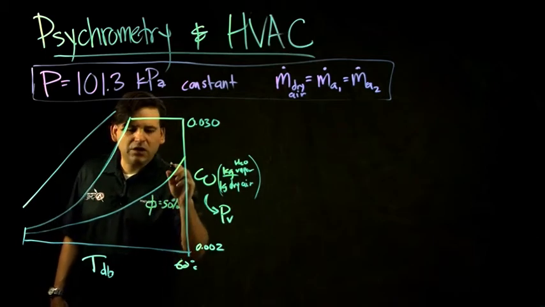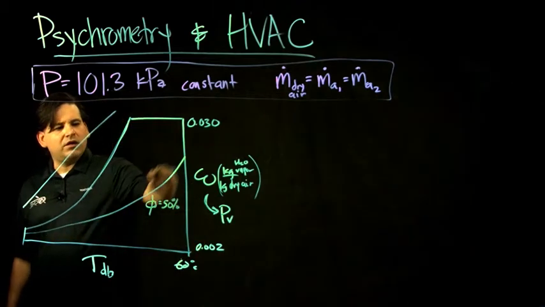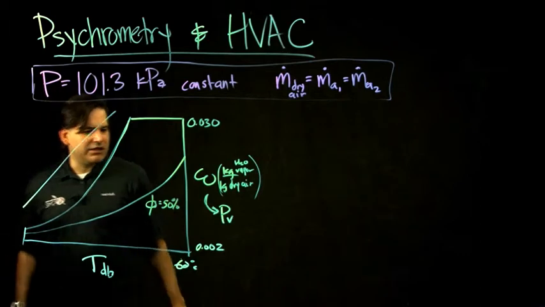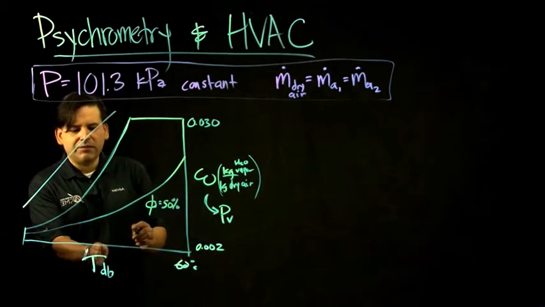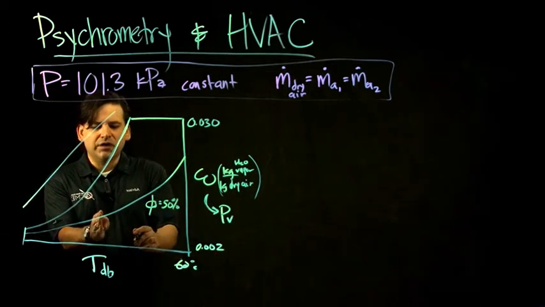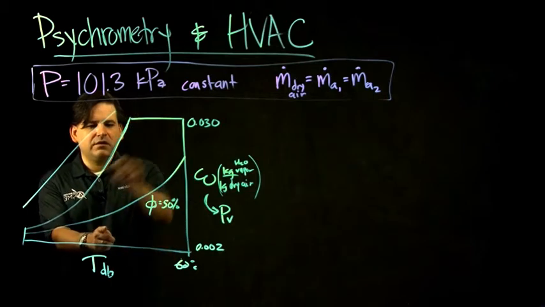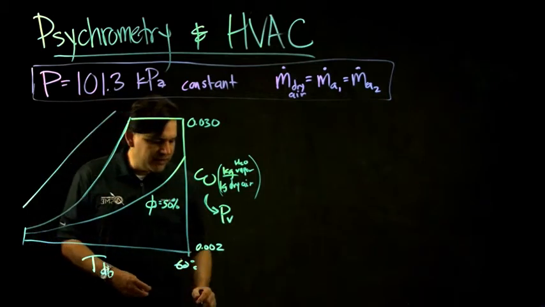This particular line on the chart goes through the middle, and all along this line, the relative humidity is 50%. So at a certain temperature, if you go up to intersect this line, it'll tell you the relative humidity is 50%. Depending on where you are in the height, you'll intersect with different relative humidities.